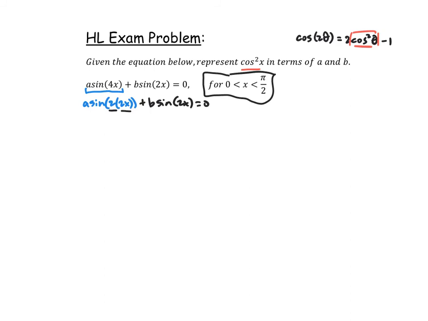All right, so we know that sine of 2x is equal to, based on our identities, 2 sine x cosine x. So that means sine of 2x's would be 2, we'll bring the A along with it, sine x, which in this case is 2x, cosine 2x, plus b sine of 2x equal to 0.